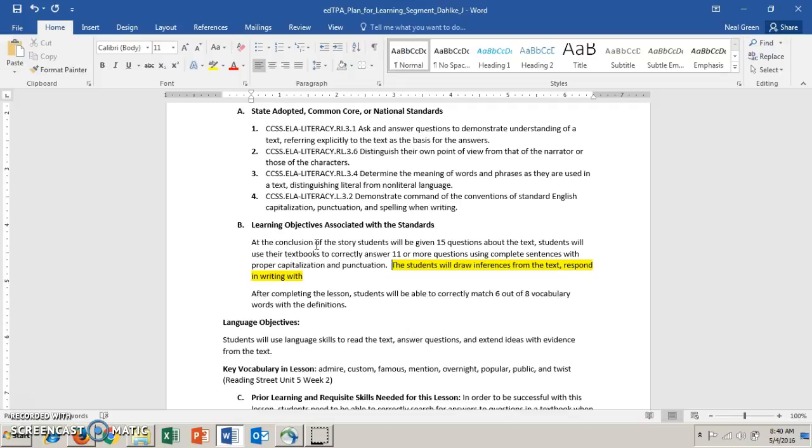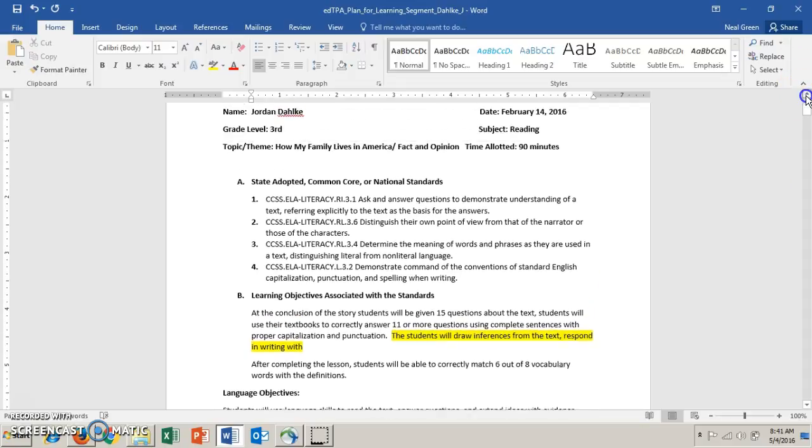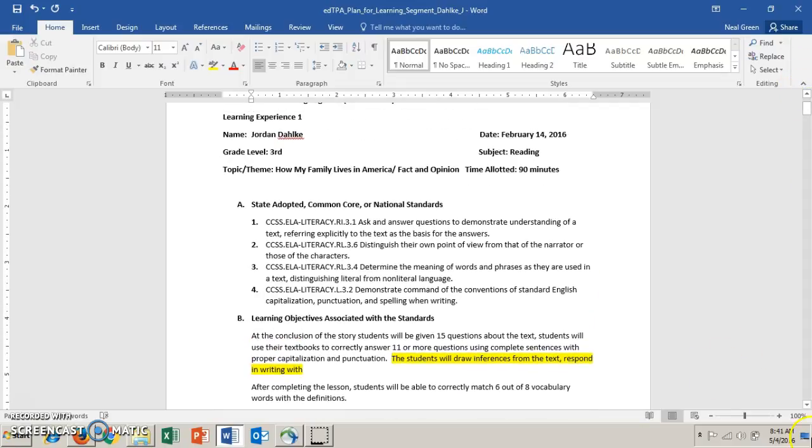And by that I mean the students will be able to correctly identify 6 out of 8 vocabulary words. That's good because that gives you a clear and measurable target. But you want to make it more about what the words are, and use those specific vocabulary words to write that. So the lesson is about, and I told you there were going to be pauses here, reading and fact and opinion.